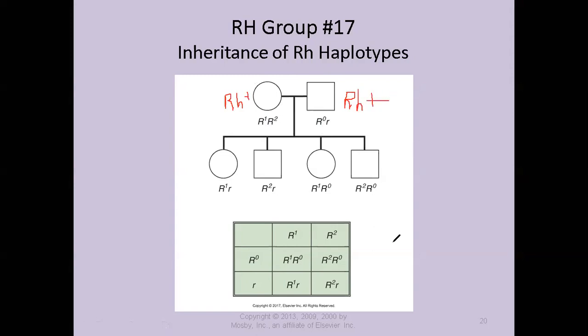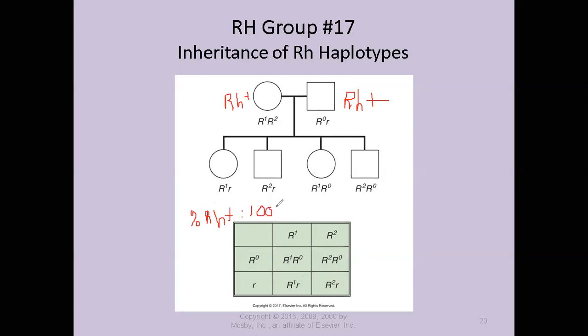And when we look at the combinations of their offspring, we could ask, what percent of their possible offspring are Rh positive? Well, this one certainly is. This one certainly is. This one certainly is. Remember, having at least one R means you have big D, Rh positive. So it's 100%.